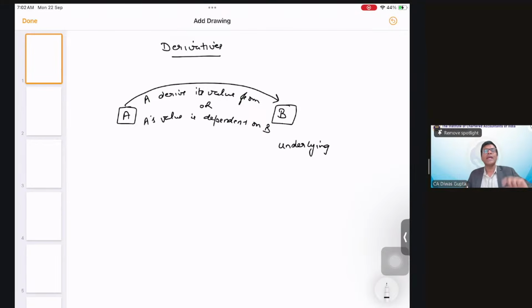We will come to what can be underlyings. All these things we will be discussing. So A is deriving its value from B. B is an underlying because B has its independent pricing movements and A's pricing movements are dependent on B. So we call A a derivative.